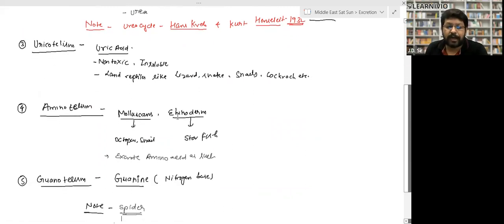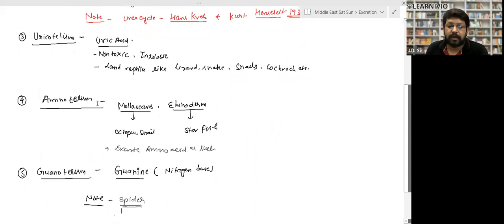The fourth one is aminotelic or aminotelism. Aminotelism is the process in which an animal directly removes amino acid from its body as nitrogenous waste. Last but not the least, the fifth one is guanotelism.